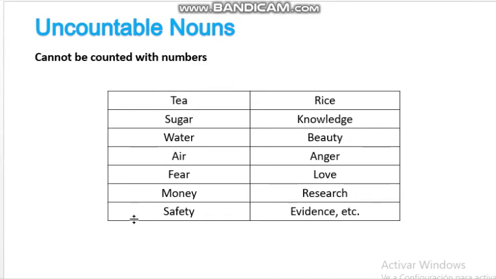These are uncountable nouns because we can't count them. We have tea, sugar, water, air, fear, money, safety, rice, knowledge, beauty, anger, love, research, evidence, etc. We have a lot of uncountable nouns.